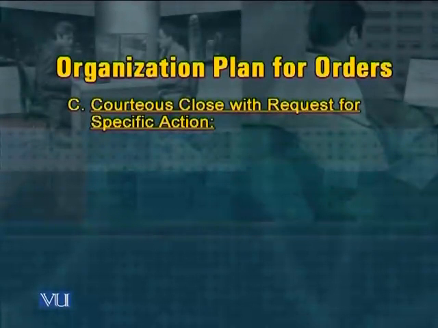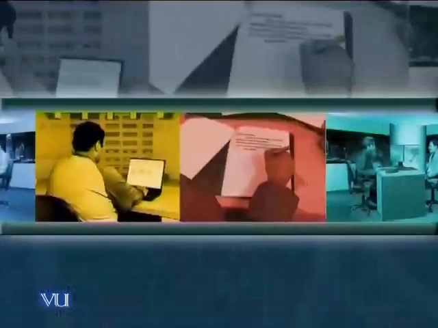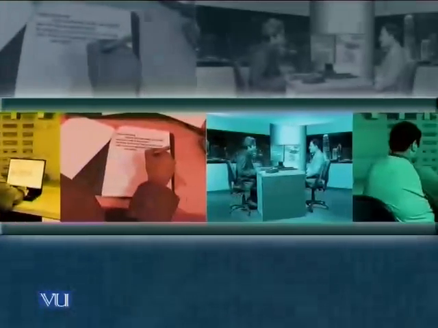Then we come to the end, and that is a courteous close with a request for some action, as we have in every direct request. The action is very important here because a lot of things are involved in it.